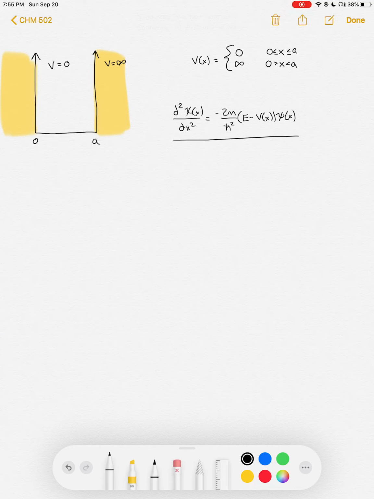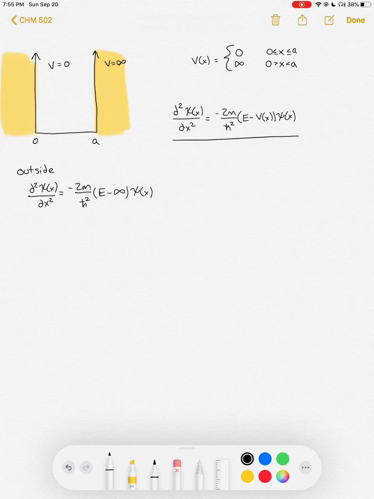What we're going to do is just plug in our potential for the potential energy term. Outside the box, that's going to give us that the second derivative of our wave function with respect to position is equal to minus 2m over h bar squared times E, the energy, minus the potential, which is infinity, times the wave function.